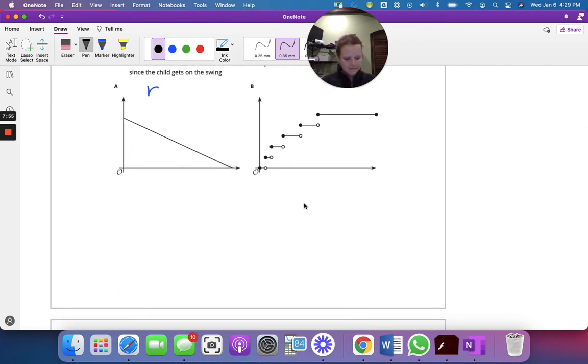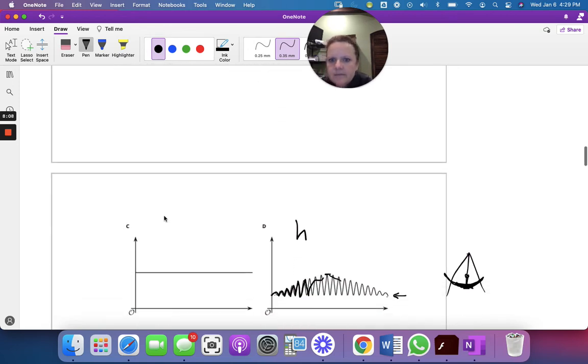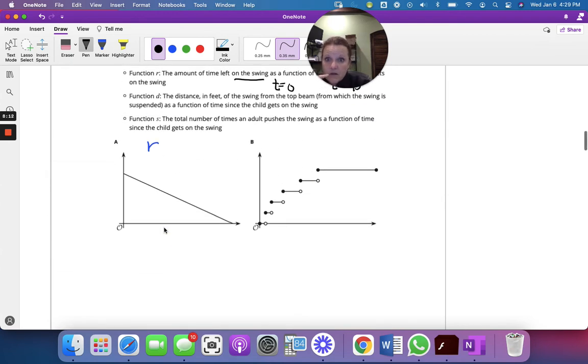Let's look at that. I want to say H again, but no. Oh, the distance, so that is just one value. What's it called? D. So the distance in feet of the swing from the top of the beam.